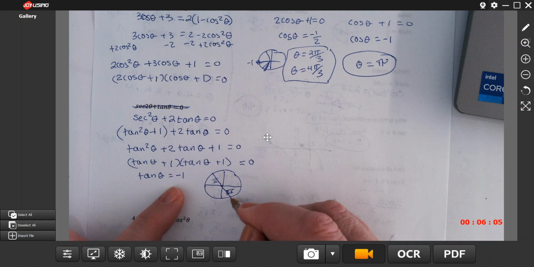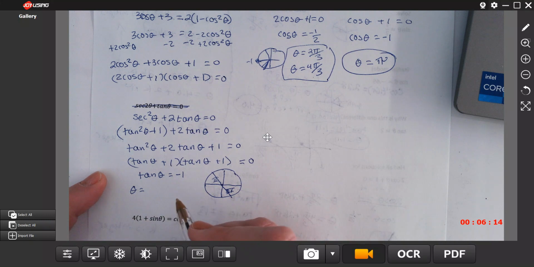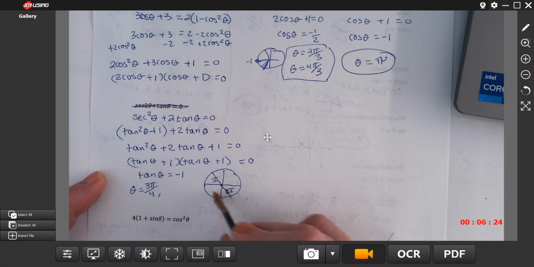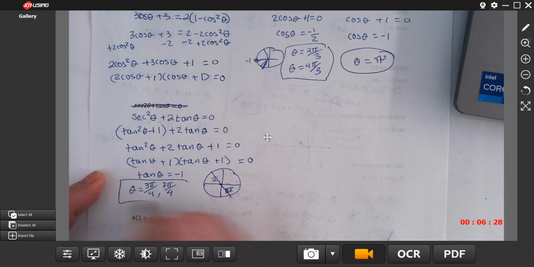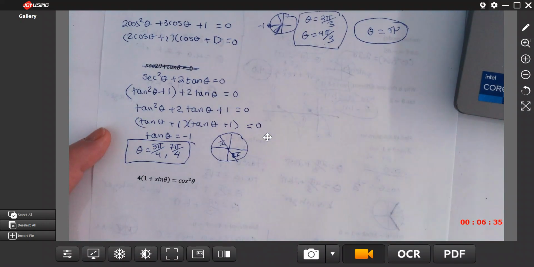So over here and over there. So theta could be 3 pi over 4, and theta could also be 7 pi over 4. So those are my solutions. I'm still in the 0 to 2 pi. So that's all of the solutions.